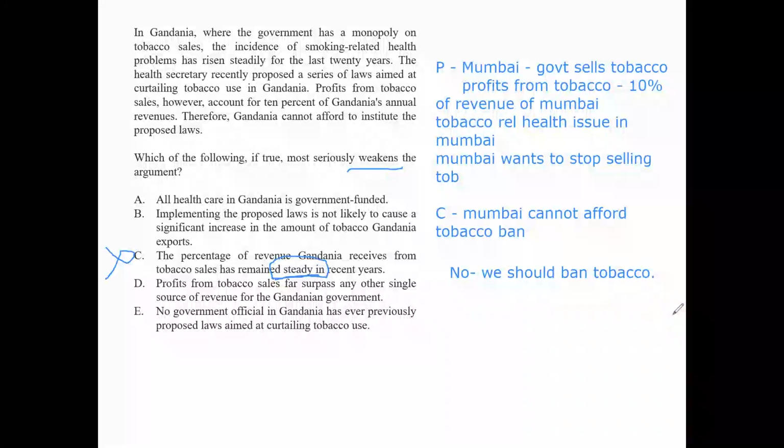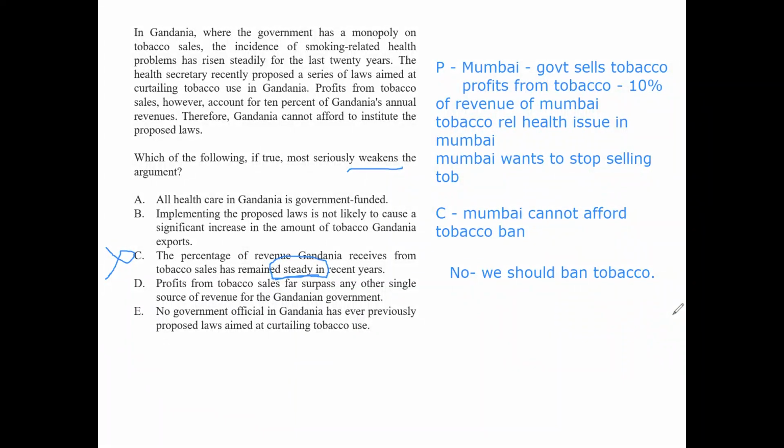Profits from tobacco sales. It's not D because if it surpasses everything else, then obviously it's a significant amount.